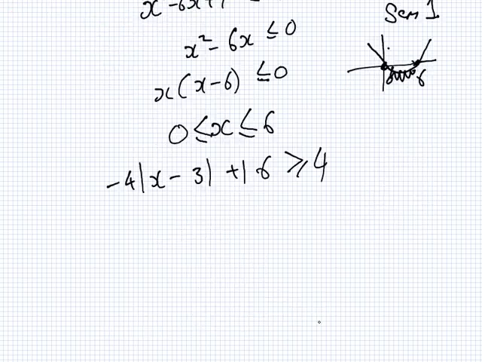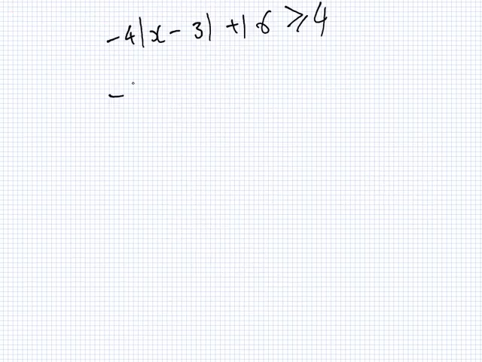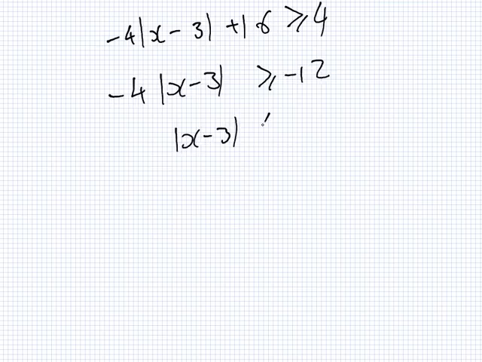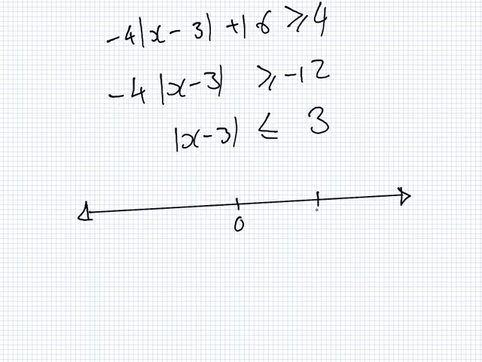So you can say minus 4 absolute x minus 3 greater than or equal to minus 12. Absolute x minus 3 less than or equal to 3. Let's draw a number line: 0, 3, minus 3. Now, I'm not talking about the x, I'm just talking about this part altogether. Let's say, for example, this was equal to 4.